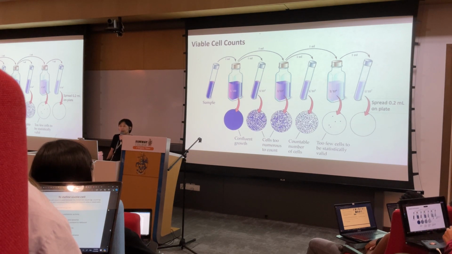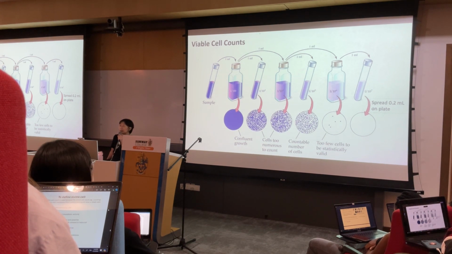In order to get the viable cells, to confirm they are still alive, metabolically alive, you need to grow them on the agar plate. Only on the agar plate, with the presence of a colony, that they have the ability to grow into a colony, then we consider them viable cells.